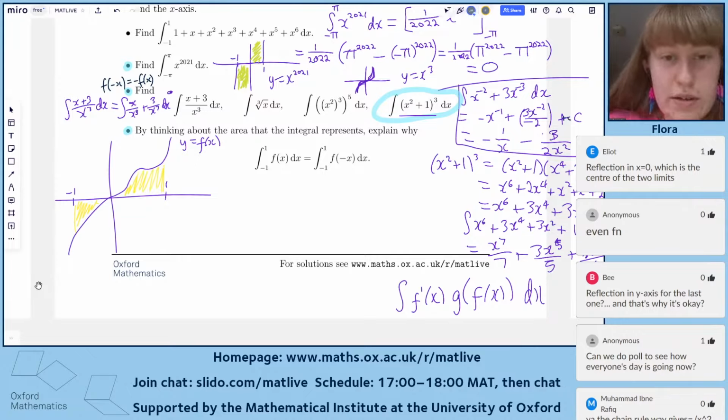So we've got these two separate areas, and this integral represents the area above minus the area below, because the area below gets a minus sign in front of it when you do the integral. So it represents this area minus the value of this area.